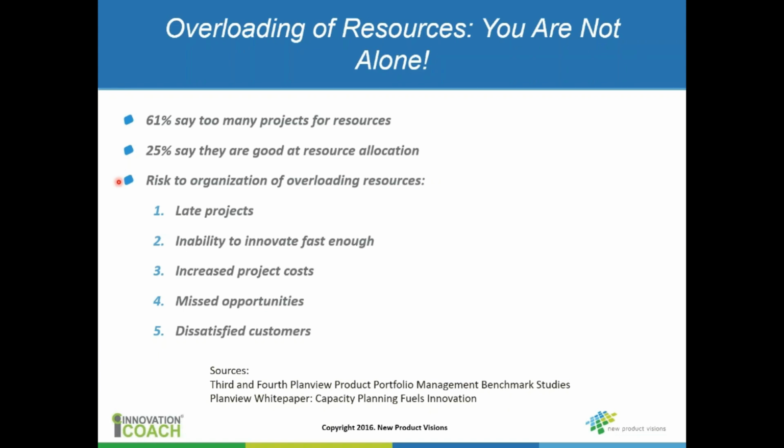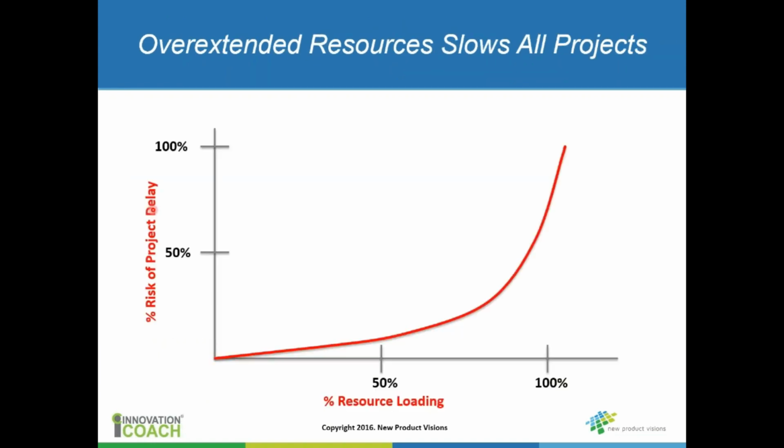There's a lot of risk when you overload the resources within the project portfolio. Number one is late projects, and it's not just related to one project, but every project in the portfolio can be impacted when something goes wrong in one project. And to make this point, I use this graph here.